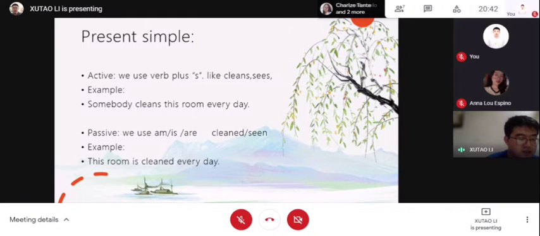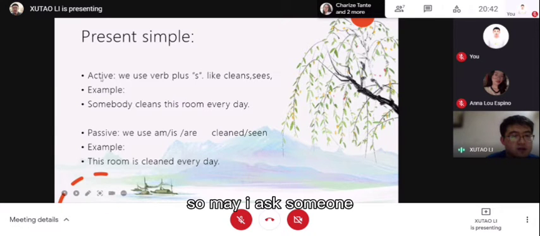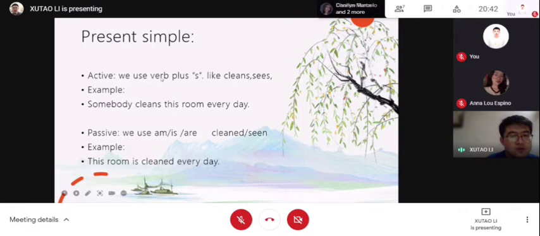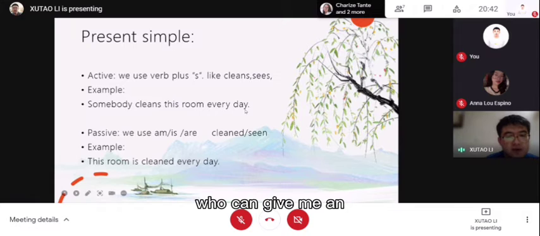Okay. So may I ask anyone who can give me an example of passive used in present simple? Who can give me an example?